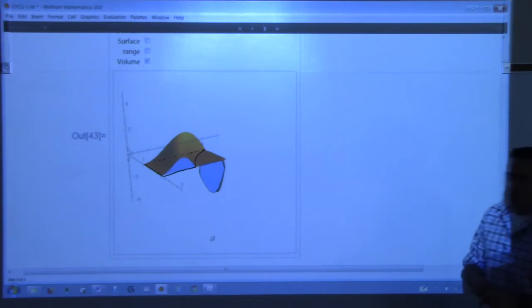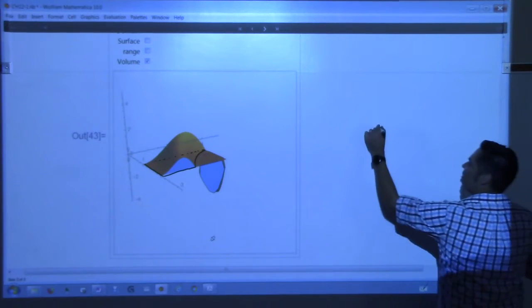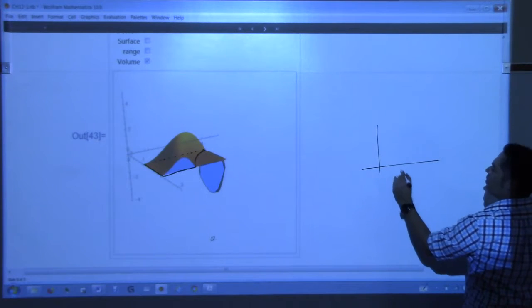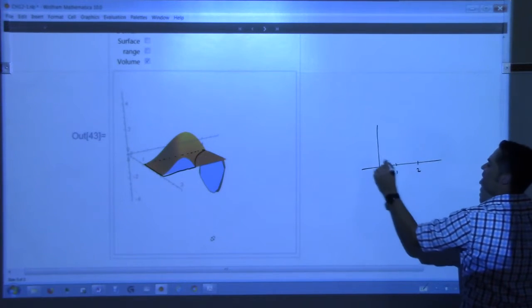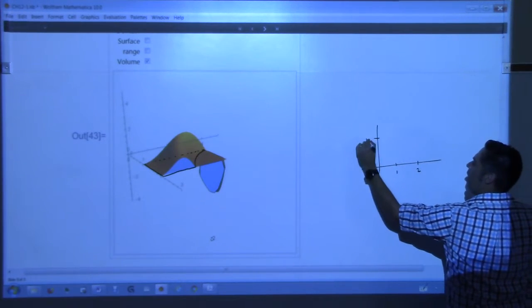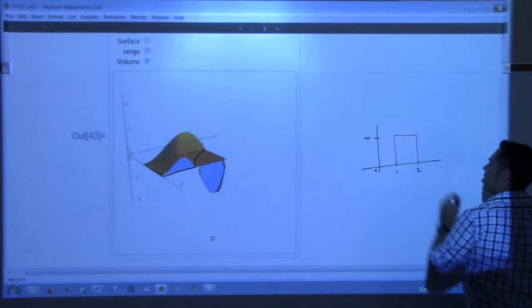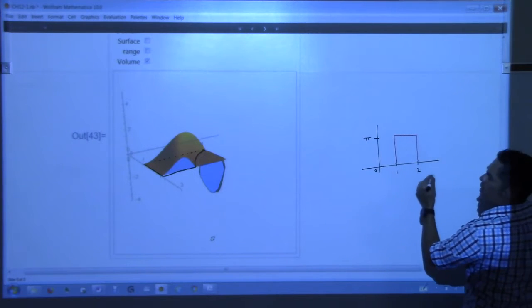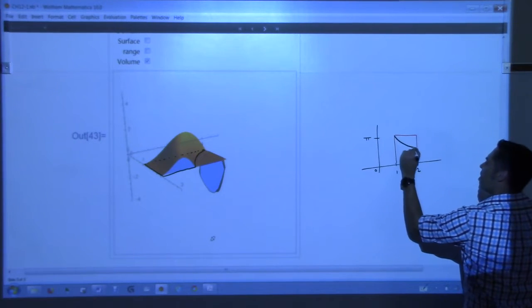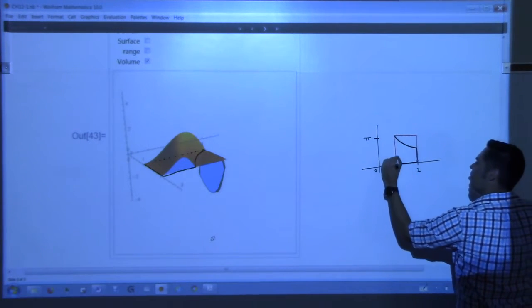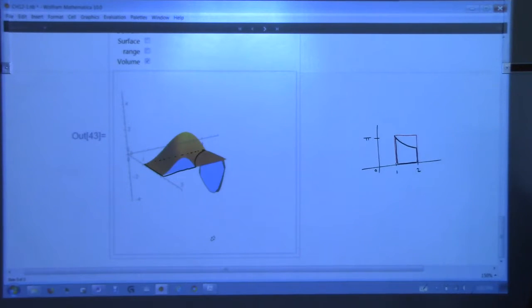So instead of integrating over the rectangle, from 1 to 2 and then from 0 to pi, we would need to integrate over this instead. Does that make sense?